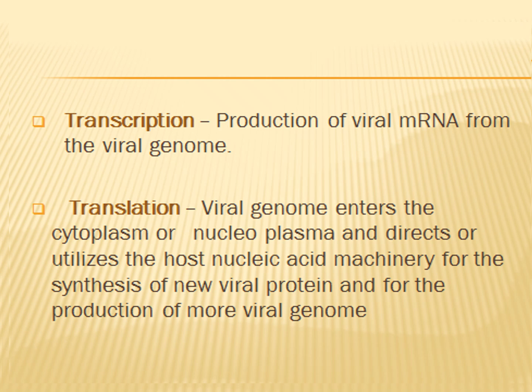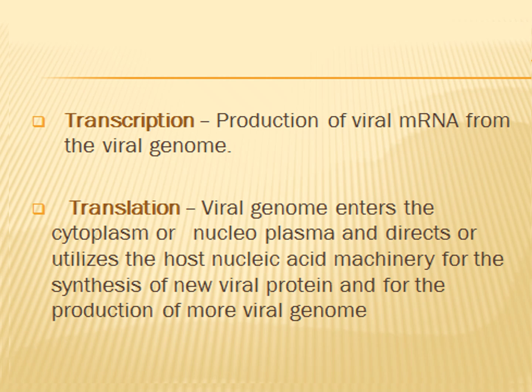Then translation: the viral genome enters the cytoplasm or nucleoplasm and utilizes the host nucleic acid machinery for the synthesis of new viral protein and also for the production of more viral genome. The viral protein modifies the host cell and allows the viral genome to replicate by using host and viral enzymes.